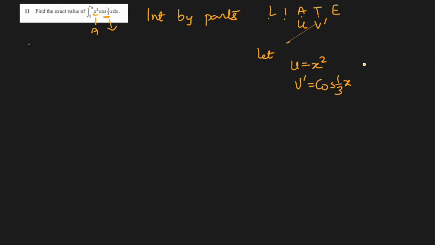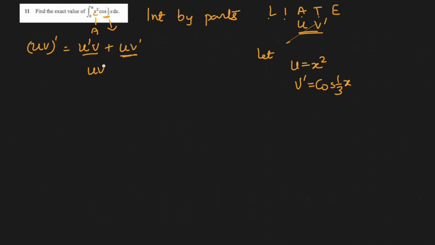Now our product rule, if you remember, is uv. Differentiation of uv is u prime v plus uv prime. In your formula sheet, it has been written as d over dx, but I'm writing it in simpler form. Our question is uv prime, so I will take this to the other side.